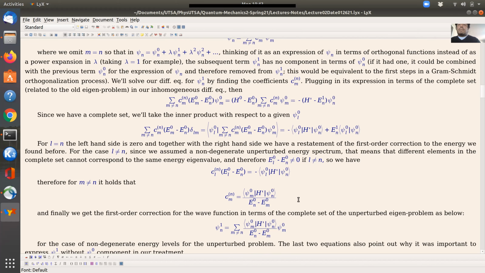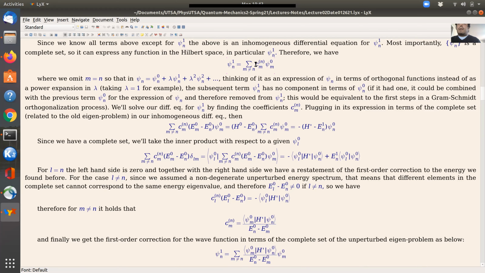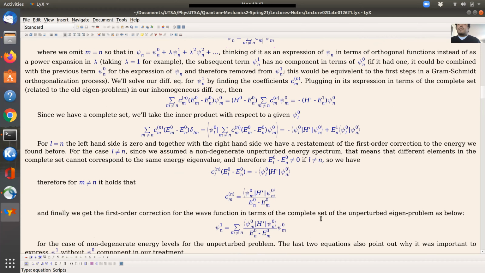So that's where it's important. The minus disappeared because we made a change in the sign over here. And so this is the first order correction in terms of the complete set of unperturbed eigenfunctions, because I only need the coefficients. I have gotten the coefficients in here. I just need to plug them in.